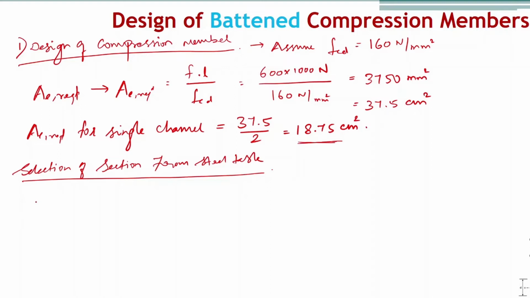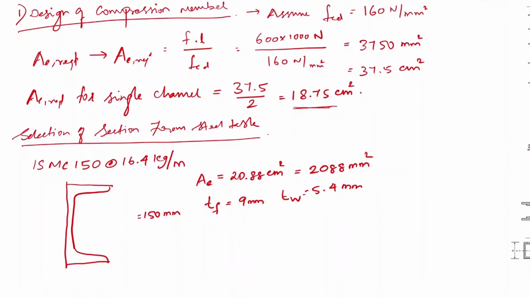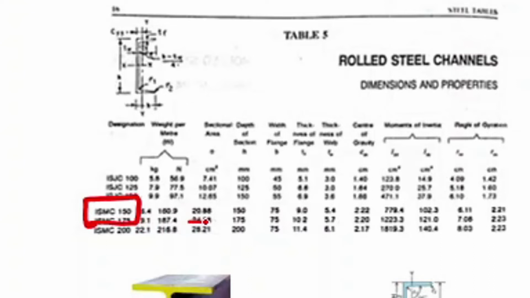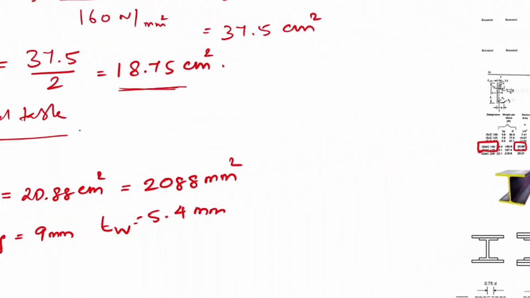So I am going to select ISMC 150 at the rate of 16.4 kg per meter. From the steel table, ISMC 150 has an area of 20.88 centimeter square, which is more than 18.75, and the other properties are given here: depth of section, width of flange, thickness of web, then CG, moment of inertia in XX and in YY, then radius of gyration in XX and radius of gyration in YY. So let me note down all the properties.